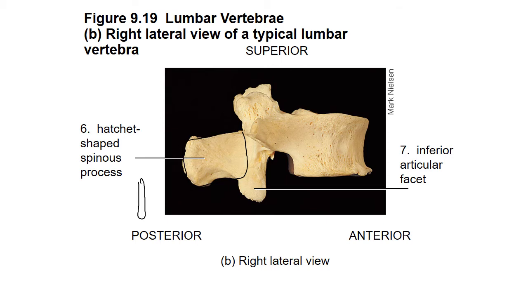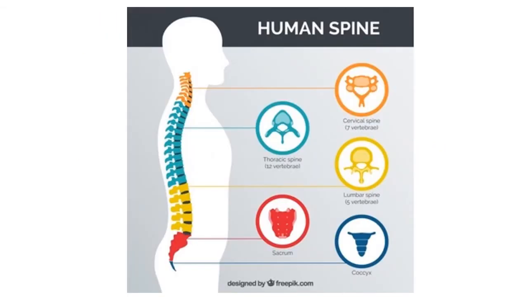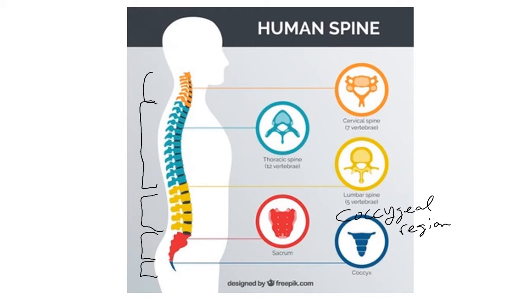Next slide. So here's just a summary of the human spine: the cervical region, thoracic region, lumbar region, sacral region, and coccyx or coccygeal region. The bone is called coccyx.